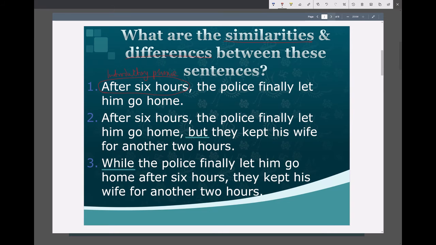The first clause is actually the police, subject, finally, that's an adverb. Let him, let here is a verb, him go home is the object. And the rest of this would be the predicate. So here we have clause 1. The police let him go home.